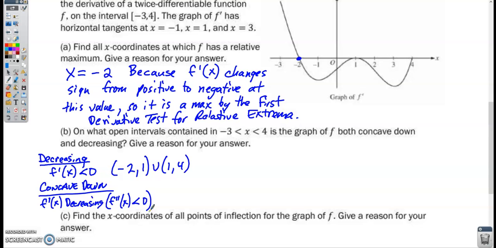F double prime is the slope of the graph of f prime. So f double prime is negative for -2 to -1. That's where the slope of the derivative graph is negative, and then it becomes positive again, and then the slope of the derivative graph is negative again from 1 to 3. I'm going to say that's because the slope of f prime is negative.